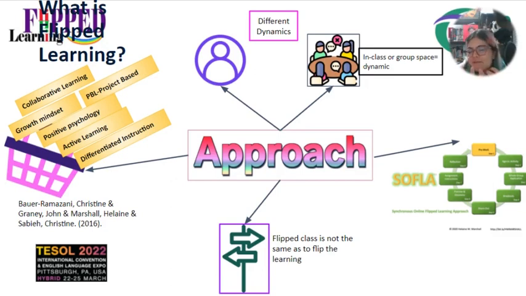For us, in-class flip gives you more opportunities for different group dynamics. That is the reason why we have a flexible environment within those lessons and within that type of learning and teaching. Our edition this year was more in regards to Zofla. And of course, for us, if you flip your class, it's not the same as flipping your whole teaching because it's a whole new philosophy.